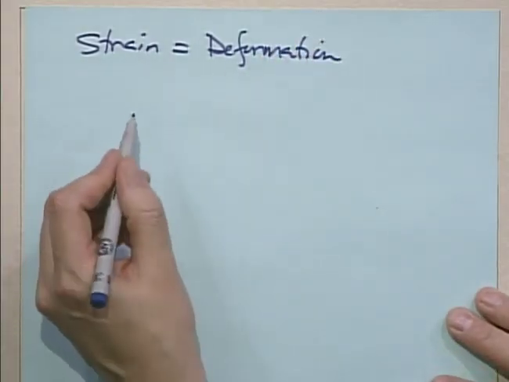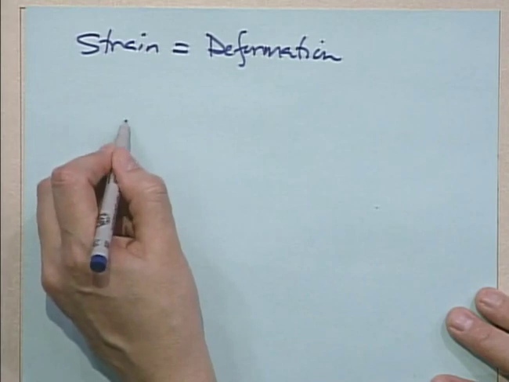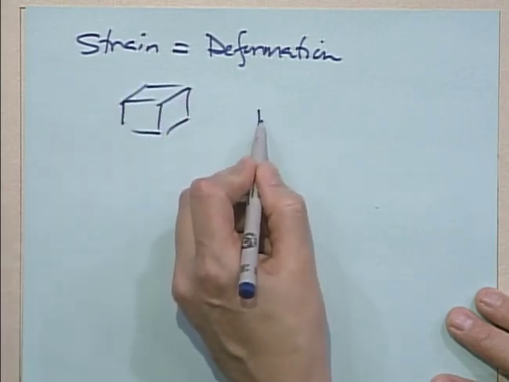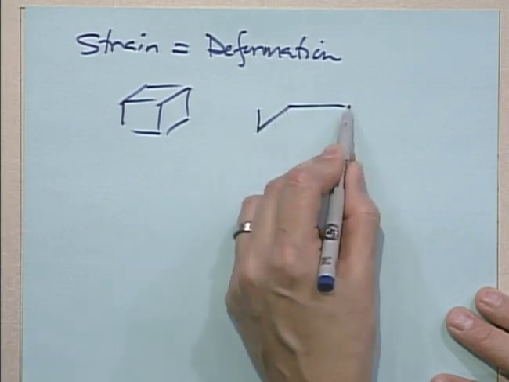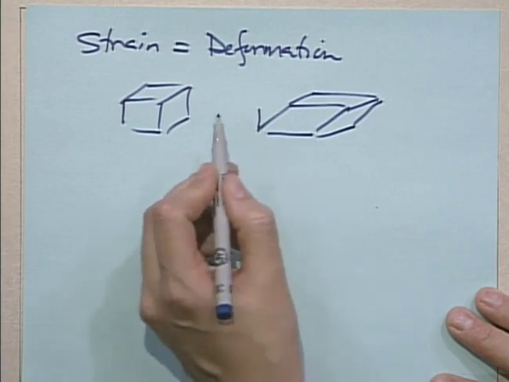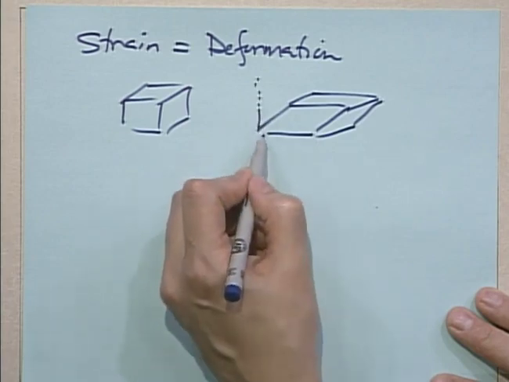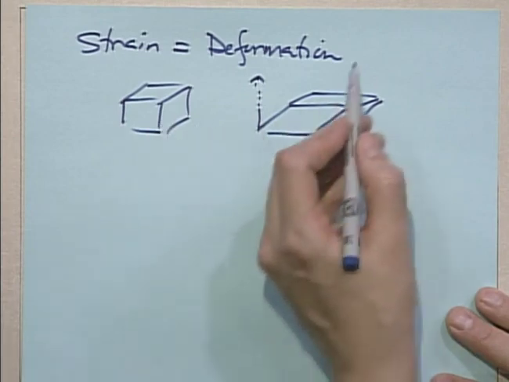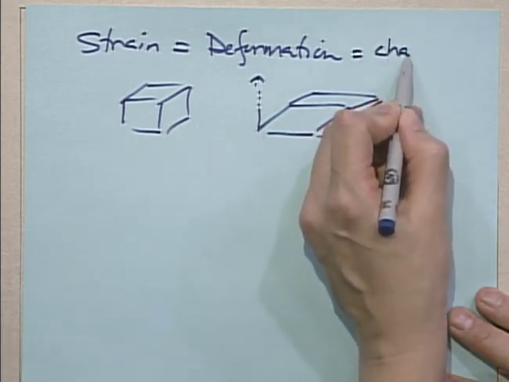What does deformation mean? Well, deformation means if I start out with some sort of a cube and I shear it, maybe it becomes a cube deformed like this. This is my old dimension. Now, deformation means change of shape.